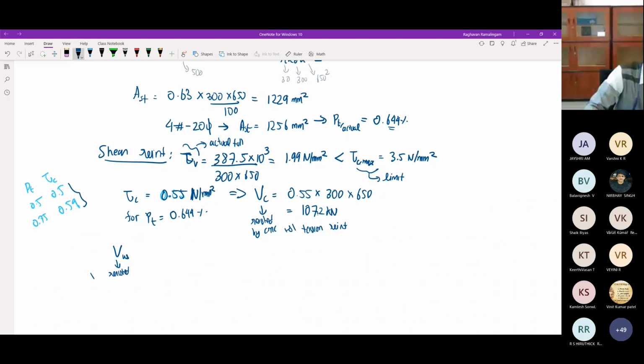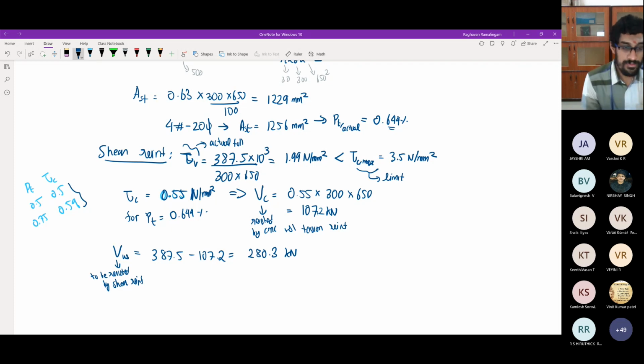It is the total, 387.5 minus 107.2, which is about 280.3 kilonewtons that need to be resisted by my shear reinforcement.